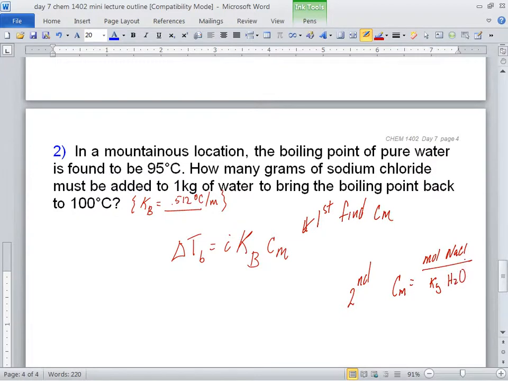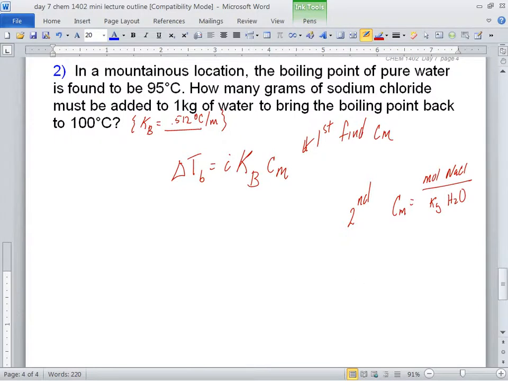So here's your grams of sodium chloride. You just have to solve for moles and convert it. So this is going to be a 3-step problem. Here's the first step, find Cm. Second step, use Cm to get moles. Third step, convert moles to grams. All right. So there's your big picture. See if you can get it.